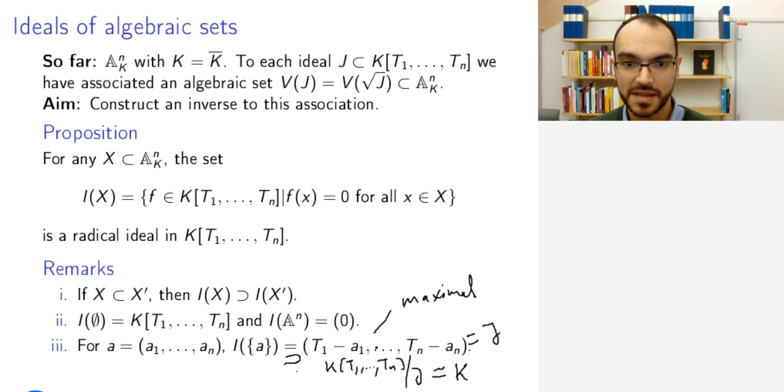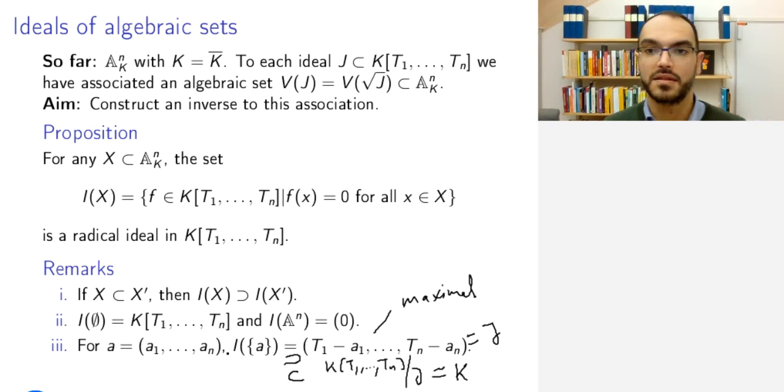So this ideal is maximal, so it cannot be properly contained in this ideal, and so it is equal to it. So therefore we have an equality of ideals. To be able to claim this, I have to know that this ideal is not the whole ring, but that is easy to check.